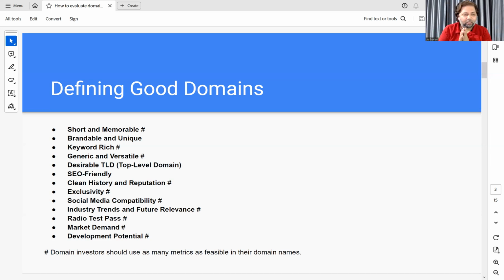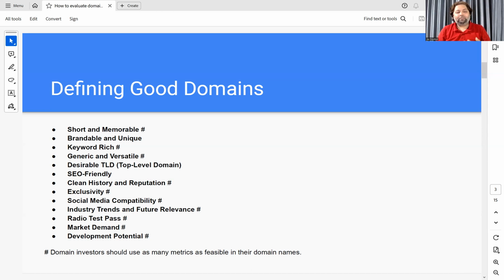So, it should have social media compatibility. It means if you go for travelpackage.com and create a Facebook page or Twitter handle in the name of travel package, there could be thousands of Facebook pages with travel package. Where is the exclusivity? How can you distinguish your Facebook page?